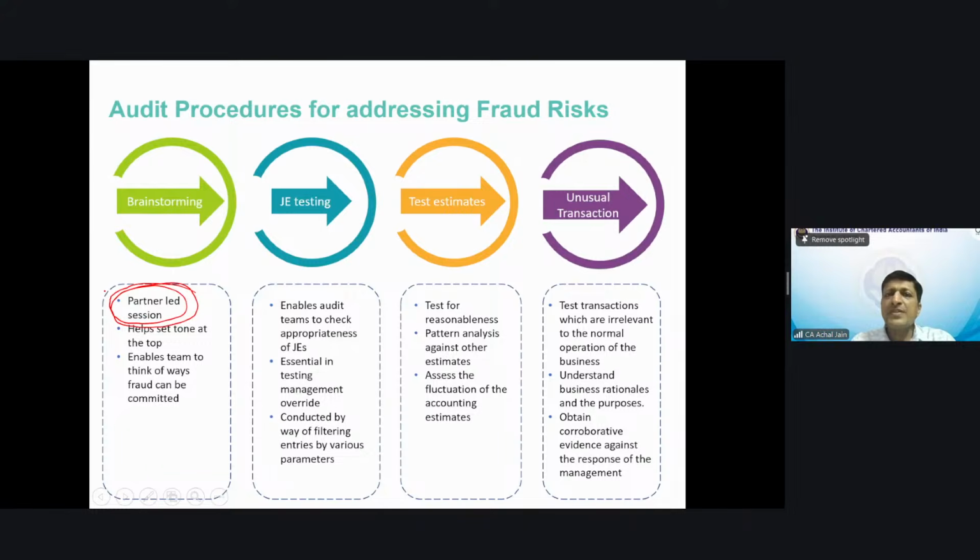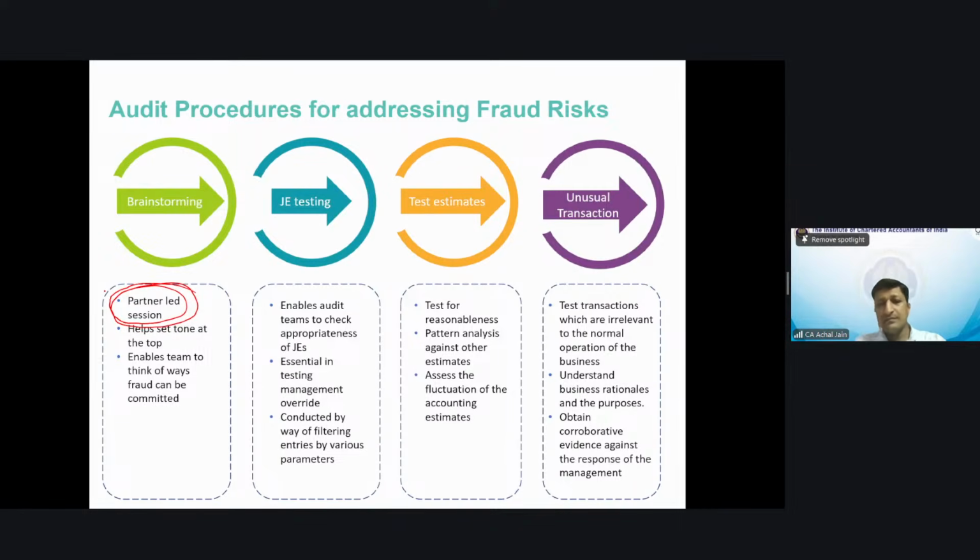Because the importance of this area is such. The partner can have discussions around some of the situations in relation to that particular company, or maybe some of the other experiences he can consider for such evaluation. So that will be quite helpful to begin with.